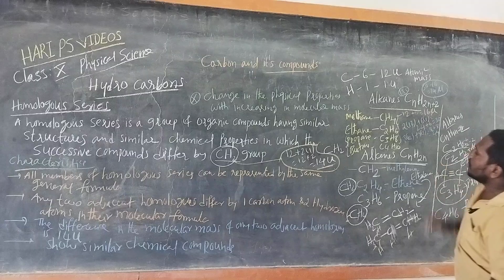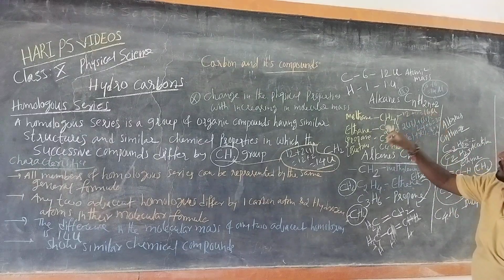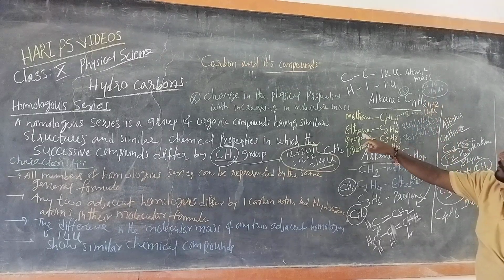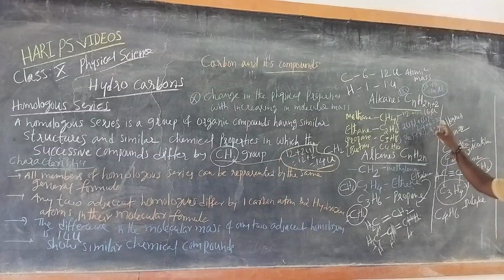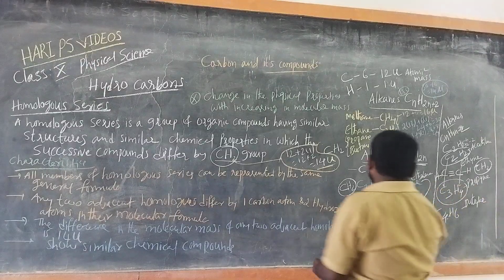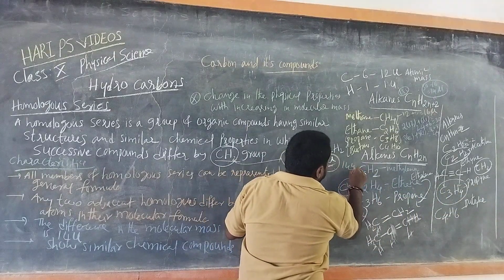Molecular mass of methane 16 units. Ethane 30 units. Difference between 30 and 16, 14 units. Propane 44 units. Difference 14 units. Similarly, CH2 we calculated as 14 units.